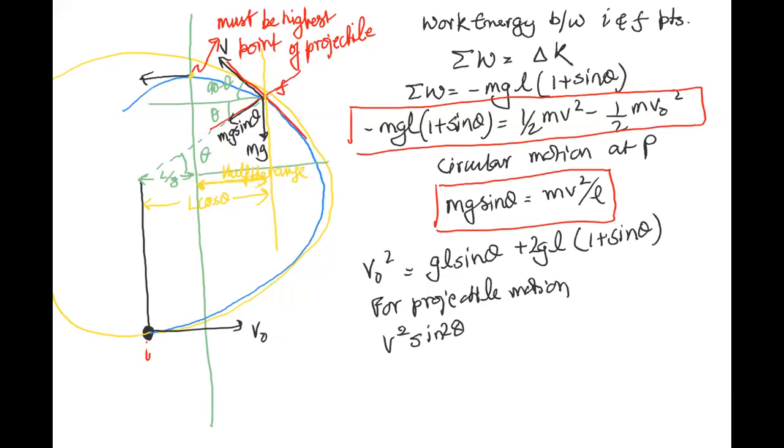But sine of 2 theta is sine of 180 minus 2 theta, and sine of pi minus theta is equal to sine theta.